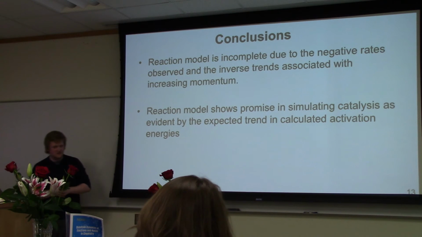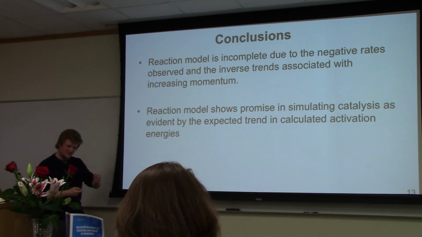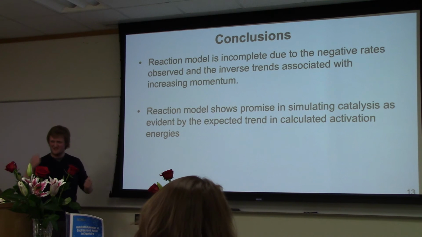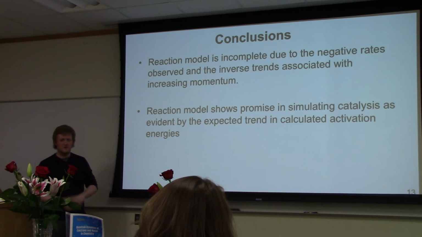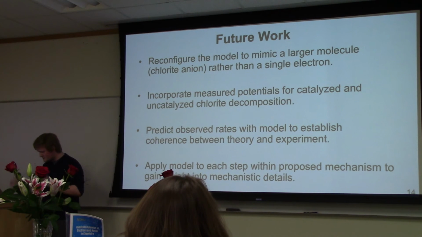Okay, so my conclusion overall is that my model is incomplete due to those inverse correlations between momentum and rates, as well as the potentials and rates. However, there is very strong promise that this will work, because I was able to model my activation energies somewhat convincingly. So what does one do at this point?